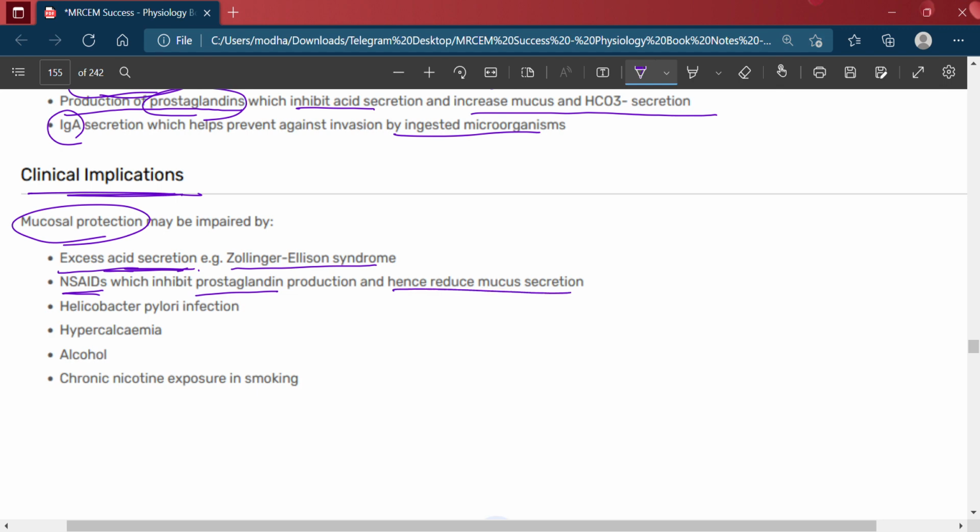Then Helicobacter pylori infection, hypercalcemia, alcohol, and chronic nicotine exposure in smoking.